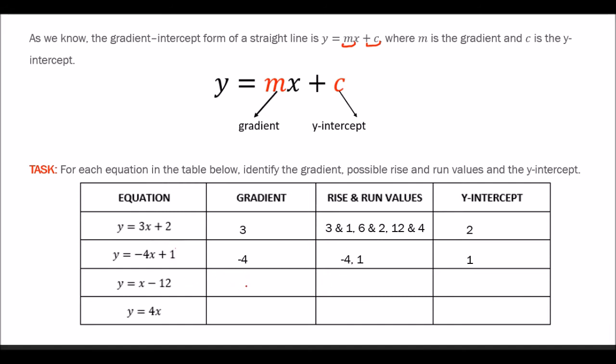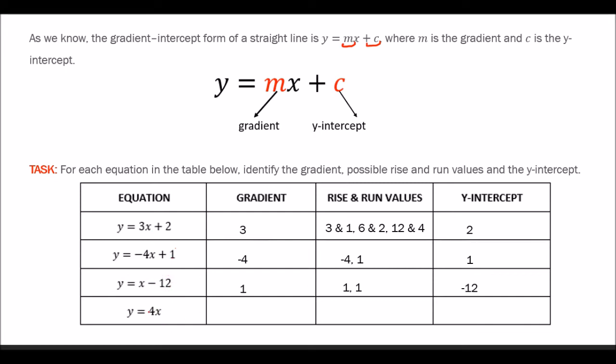And then for this one here, the gradient is that number next to the x. Now you don't see 1, but remember there's an imaginary 1 in front of that x. So if the gradient is just a whole number 1, put it over 1 to get the rise over run. So in this case, the possible rise and run values are 1 over 1. Y-intercept right there, number by itself, negative 12.